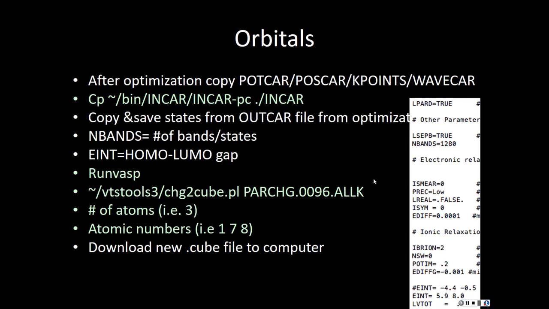PARCHG.0096 is just one specific point, so this part here will change depending on where your HOMO-LUMO gap is. For this example, PARCHG 96 was the beginning, so it was like HOMO exactly.